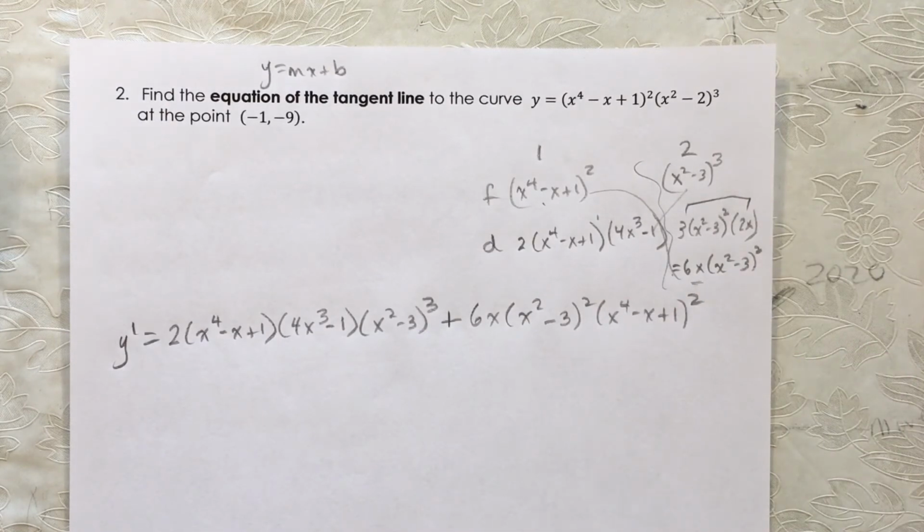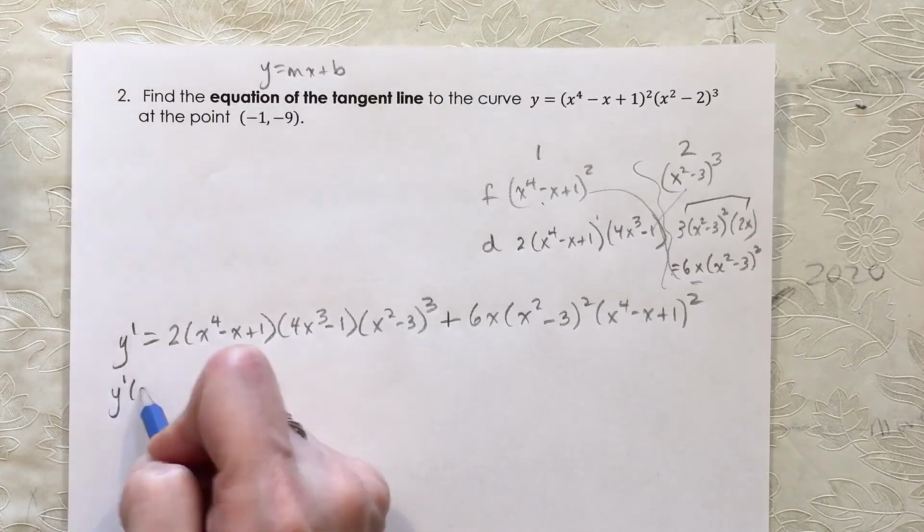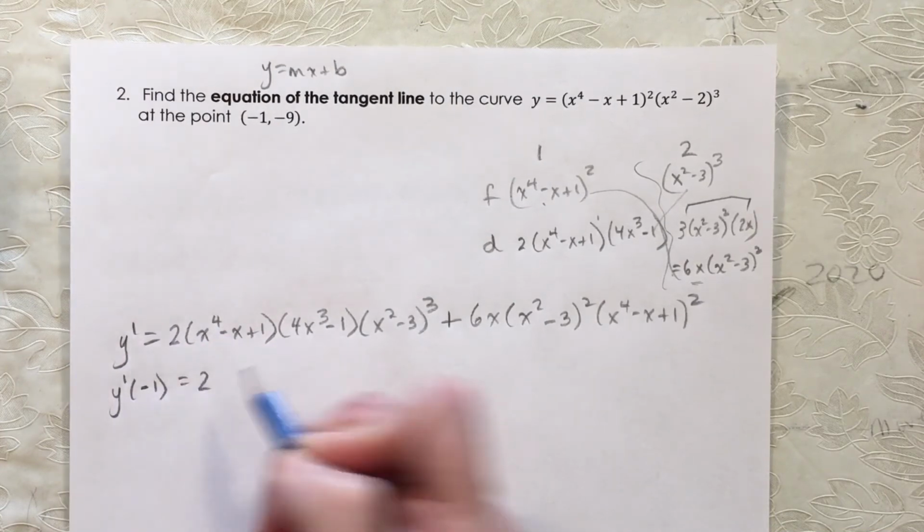So because I'm finding it at -1, if I want to, I could just sub -1 in right now. Or if I wanted to, I could simplify. But I think I'm just going to substitute -1 in right now.